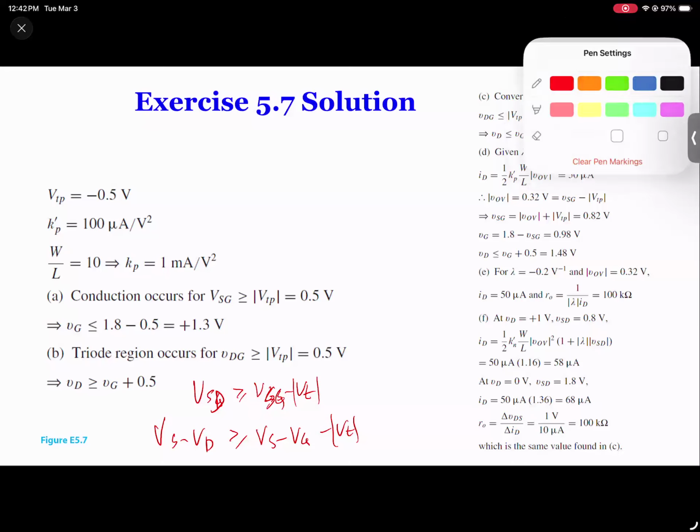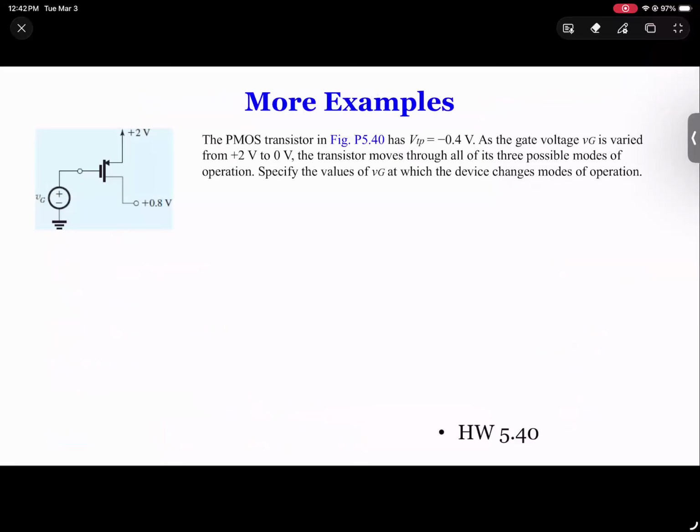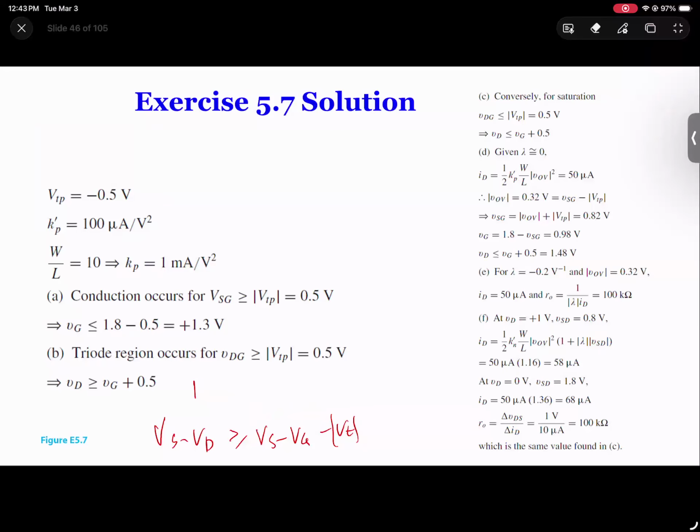Erase this one. So for triode, let me rewrite this. Let's make sure that we got everything correct. So in triode mode, we have to have VSD less than VSG minus VTP.